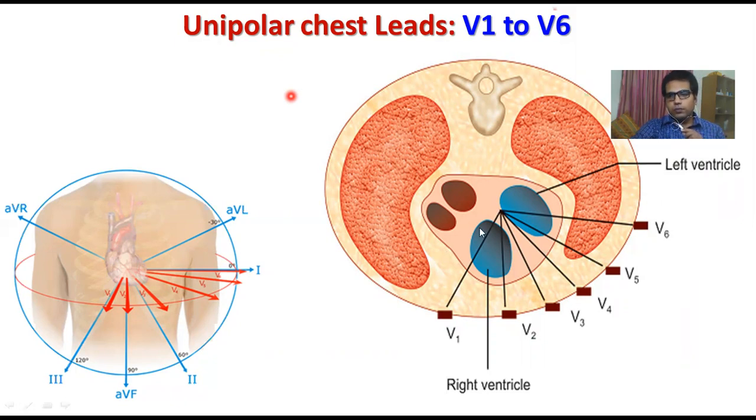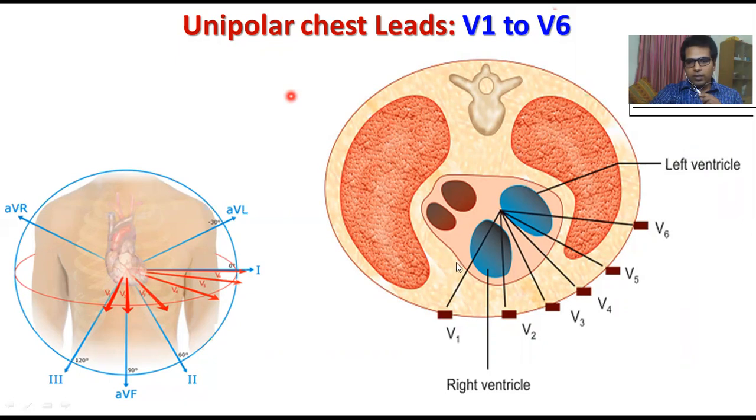Now, here you can see the position of the different electrodes we have already placed on the surface of the chest, and this is the position of the heart, and this is the center of the chest that acts as a reference electrode or Wilson terminal, and these are the positive or exploring electrodes that are placed on the surface of the chest.